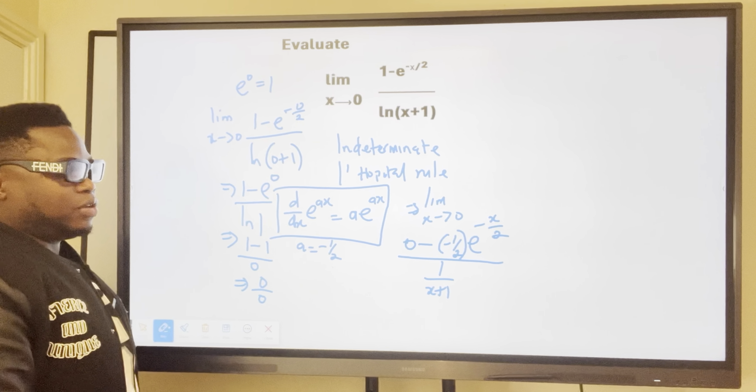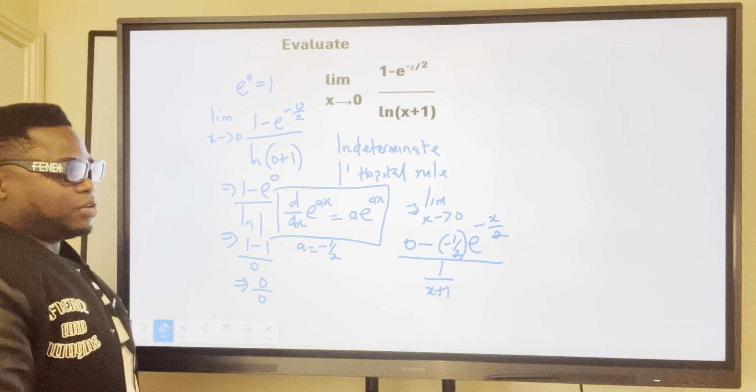So now in this case, I'm going to test x again with 0. So meaning that I'm going to replace x here with 0, to see if it's going to give me an indeterminate value. Remember, I just applied the L'Hopital rule.